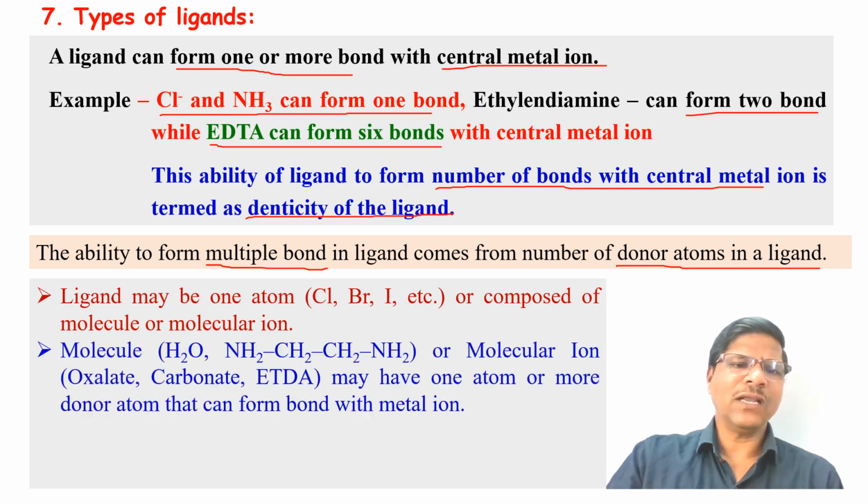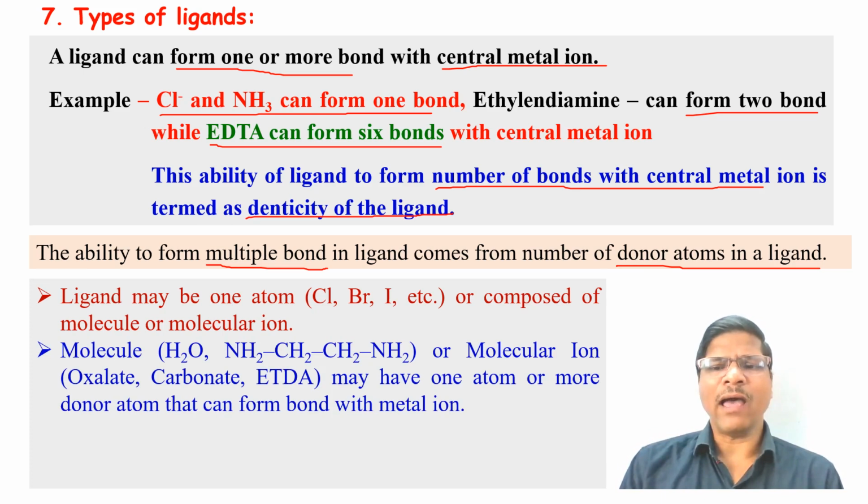The question arises: when there is a single atom, it is the donor atom. There is no question. Chloride ligand, chloride is the donor atom. Iodide ligand, iodide is the donor atom. But in a molecule like water, we have oxygen and hydrogen. Oxygen has two lone pairs of electrons, and hence oxygen is the donor atom.